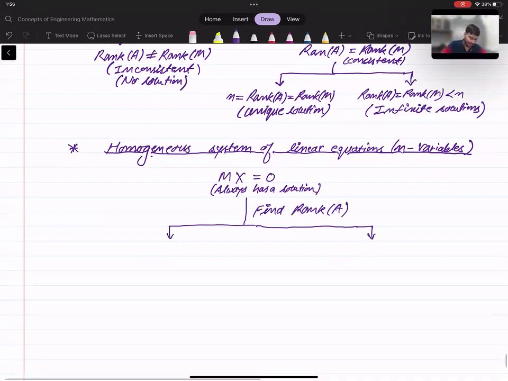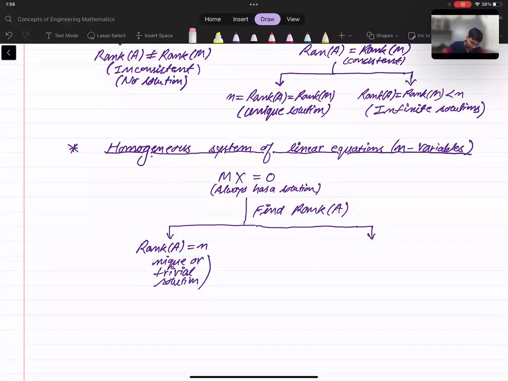If the rank of A is equal to n, then there will be a unique or trivial solution, and each variable is equal to 0. This will be the solution.